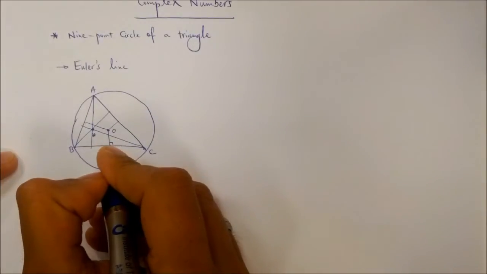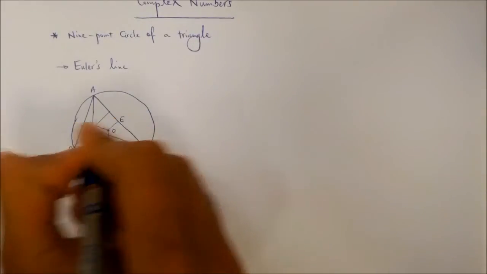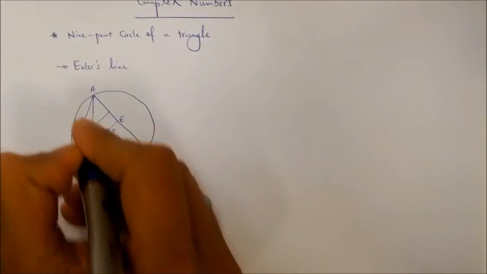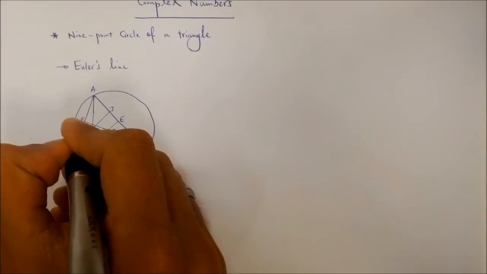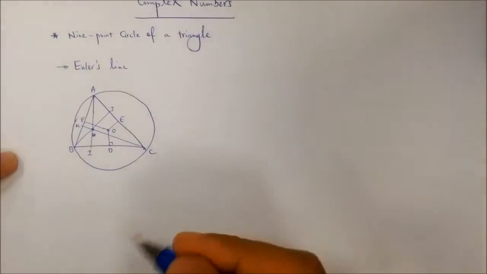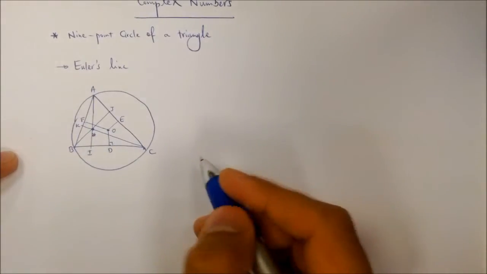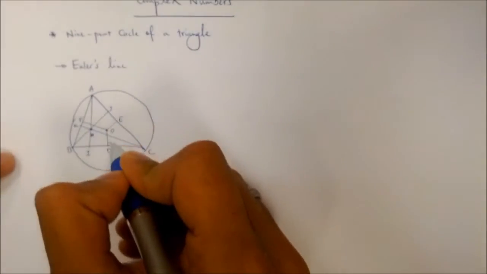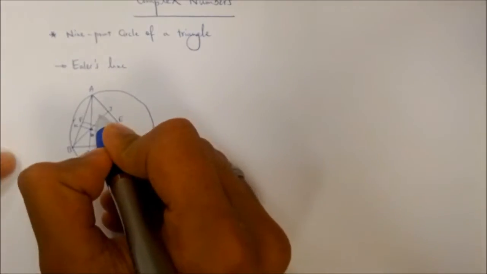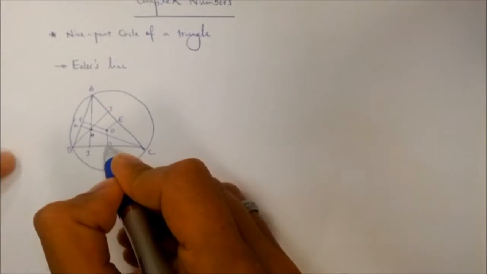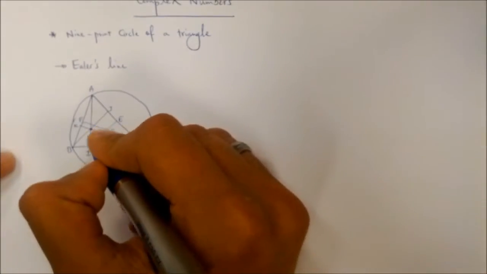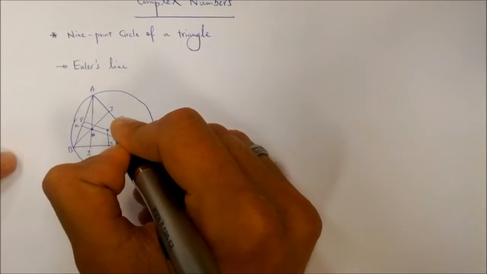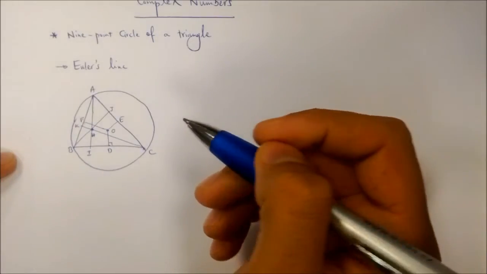I'll name these D, E, F, and I, J, and K. And another interesting point in any triangle is the centroid. The centroid is the point of concurrency of the medians. The median is the line connecting each vertex to the midpoint of the opposite side.